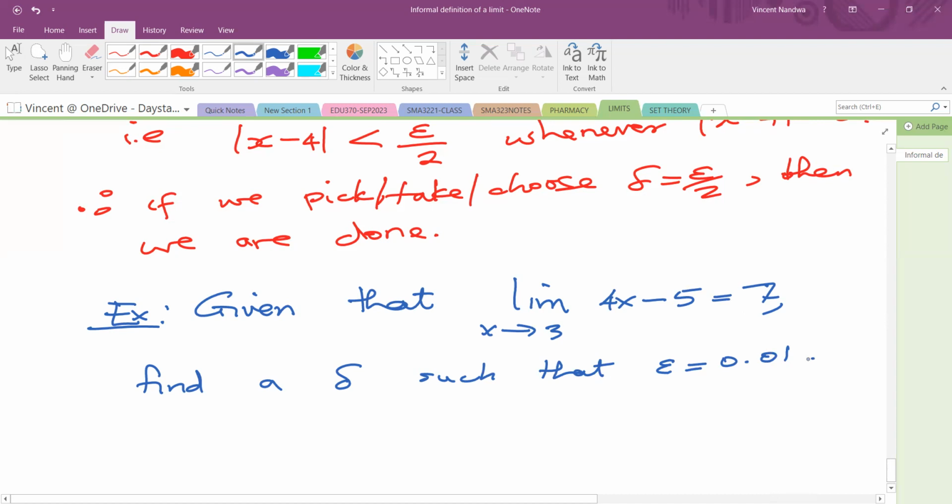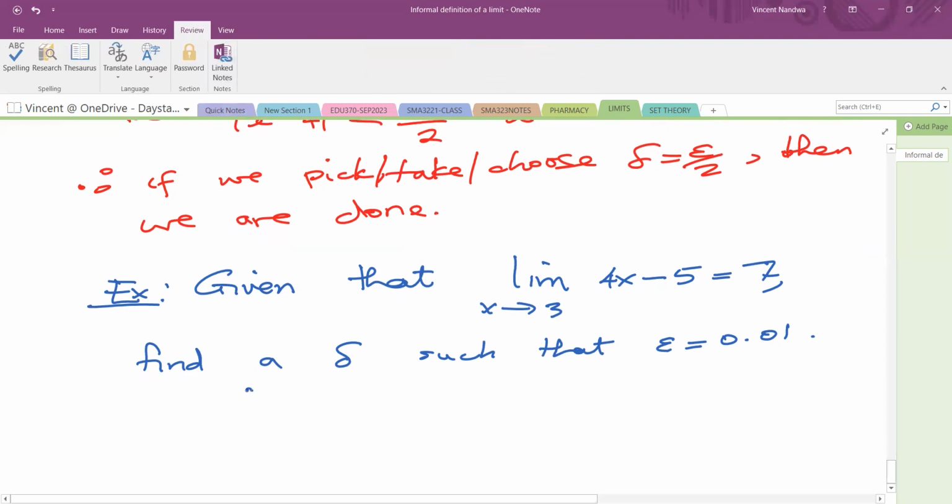What this problem wants you to do is to go through the proofs as we have done in the previous examples, and then find the relationship between delta and epsilon. Once you have the formula relating epsilon and delta, you replace epsilon by 0.01 and solve for delta.